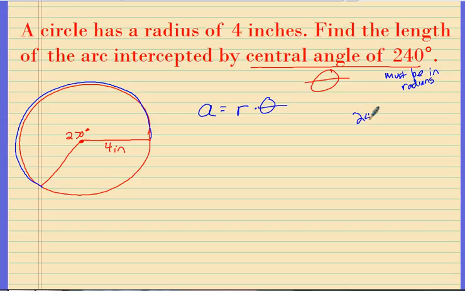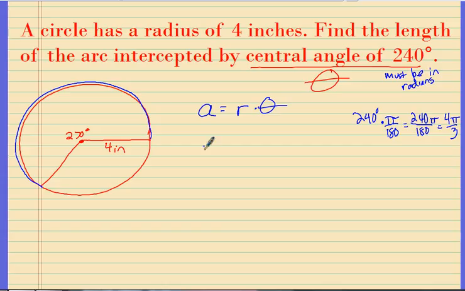So 240 degrees times what? So basically, guys, what's 240 pi over 180? What does that reduce to? 4 over 3? Make sense?